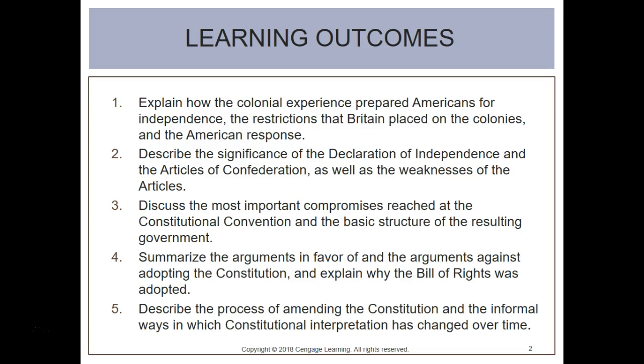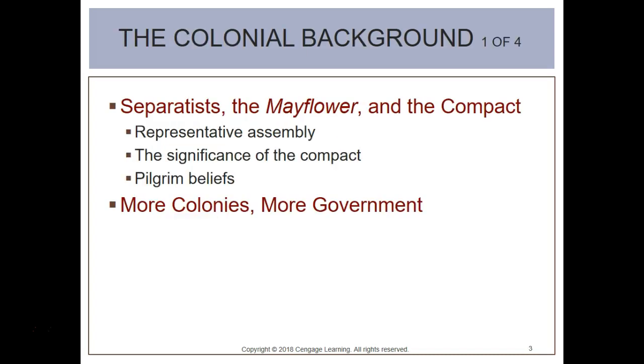We discussed the colonial Americans, the Declaration of Independence, why the Articles of Confederation failed, what happened at the Constitutional Convention, and why people were arguing over the Constitution being adopted, and ultimately why the Bill of Rights was adopted as well, and how the amendment process works and how it's changed over time.